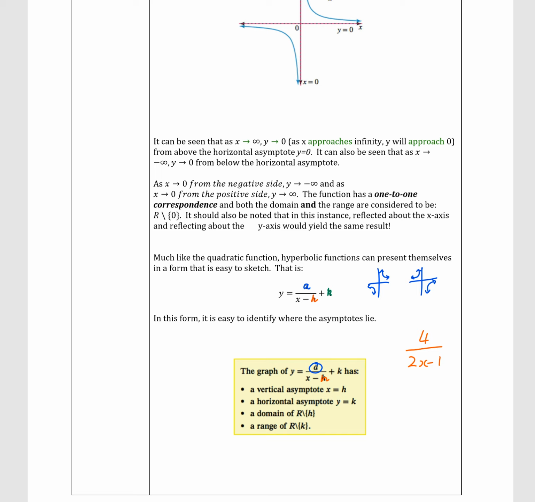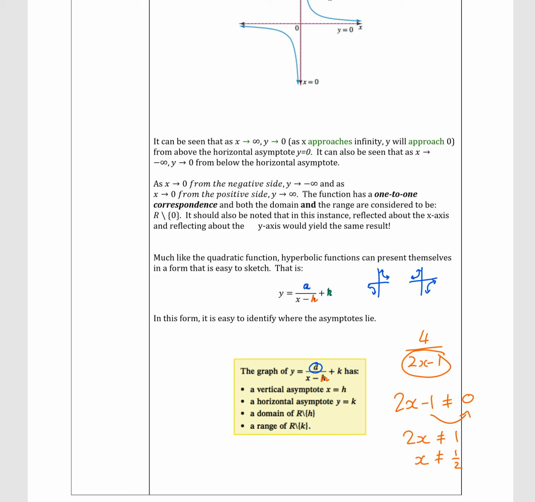And so more generally, take the bottom bit and make 2x minus 1 not equal to 0, because we know we can't divide by 0. So if I brought that 1 over, 2x cannot equal 1, and x cannot be a half. So I'd be saying that my x asymptote would be a half in this case.